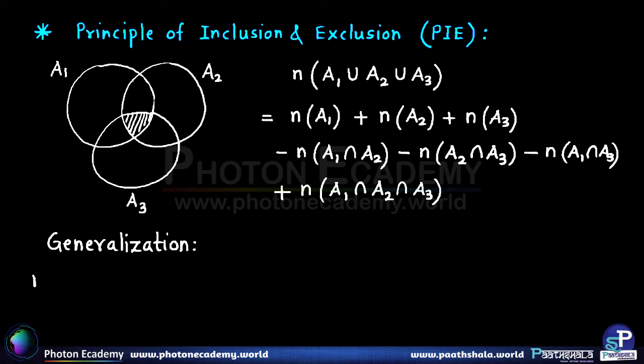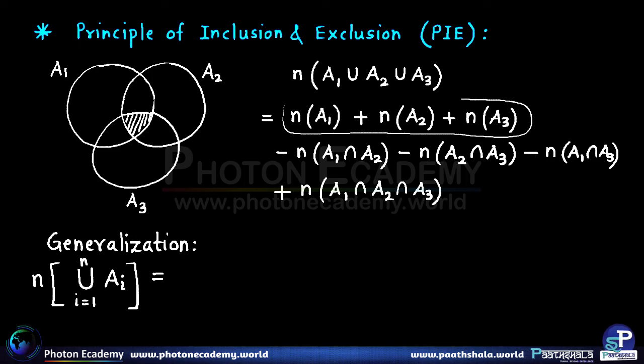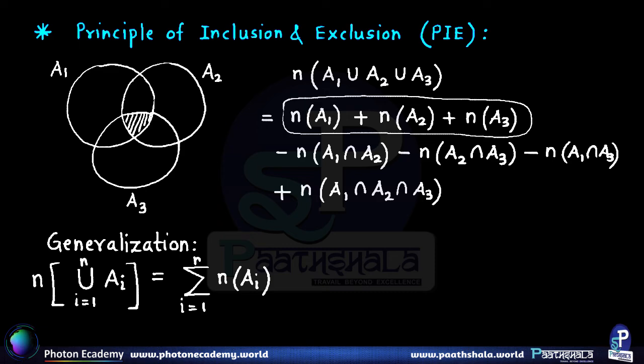If you want to know the number of elements in the union of a certain group of sets denoted by Ai, where i can vary from 1 to n, it is given by, now if we see the first particular group, we are adding up the number of elements of the individual sets first. So that is nothing but the summation of n of Ai, where i varies from 1 to n.